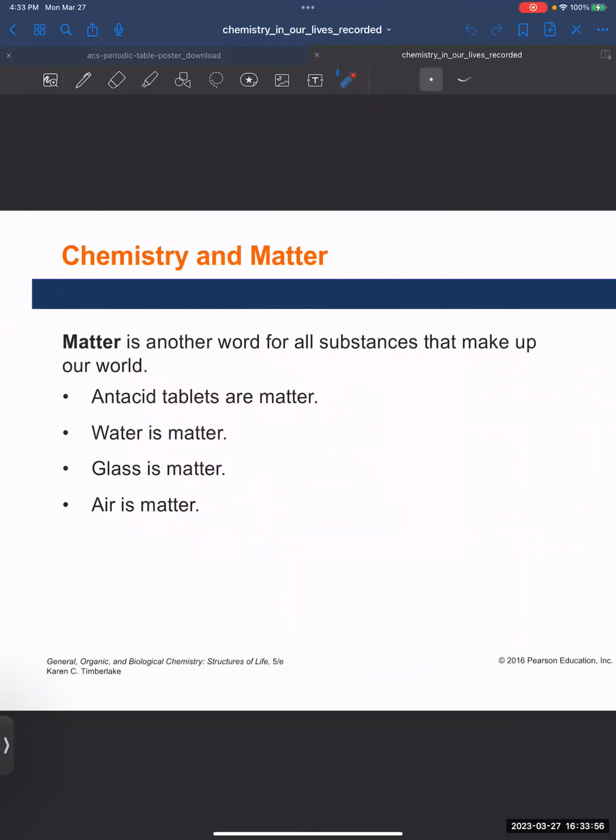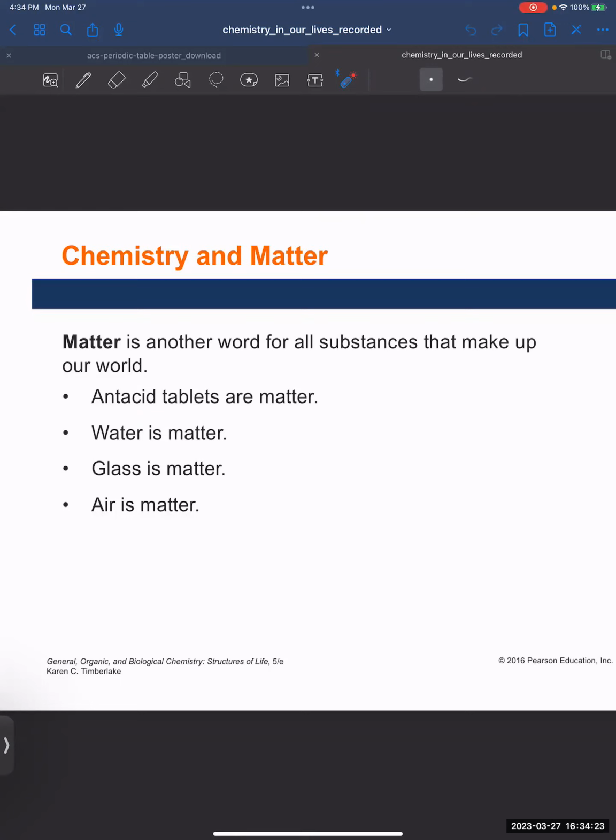So we've defined what chemistry is, but what is matter? Well, matter is another word for all substances that make up our world. Everything's made of matter. We can touch it, it's tangible. So for example, those antacid tablets we were looking at on the previous slide, they're made of matter, and we'll discuss deeply in future lecture recordings what they're made of. Water is matter.